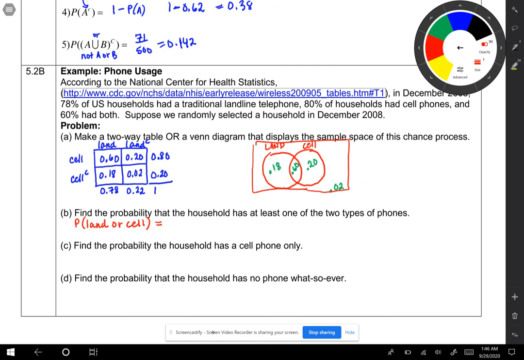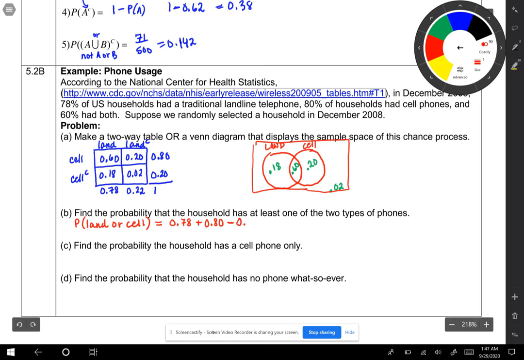If you use your two-way table, then you would have to subtract the overlap when they do have a landline and a cell phone. As long as you remember to do that, you're good to go. So the probability of just a landline is 0.78 plus the probability of cell phone is 0.80. Subtract the probability of both a landline and a cell phone.